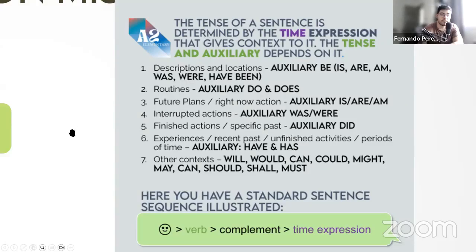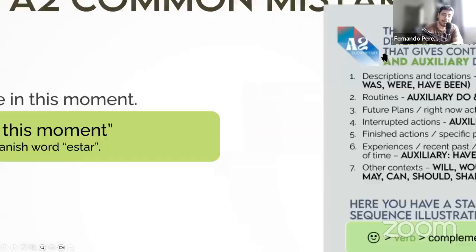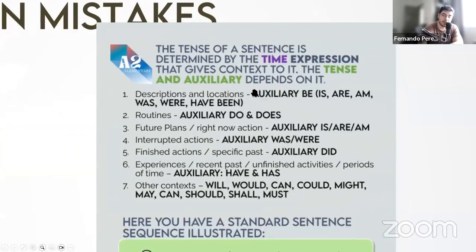So every time we are talking about a location, the words in my house are a location. And because it's a location, you need to use Formula 1. Do you understand this?